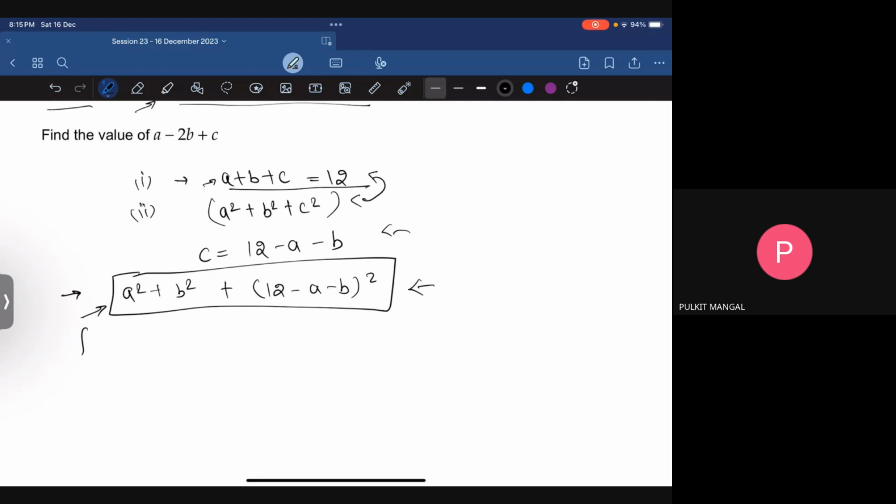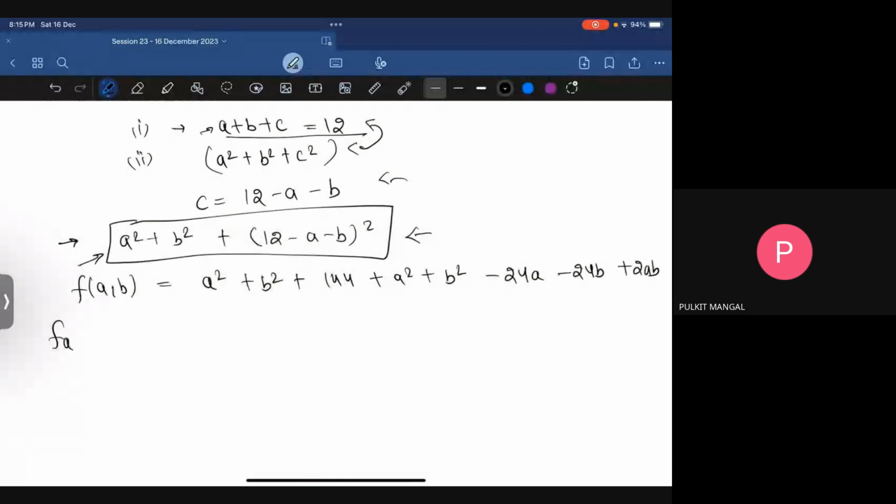So let's express this as a function of two variables, such that a square plus b square plus 144 plus 2a squared plus 2b squared minus 24a minus 24b plus 2ab. This is now my function. If I want to find the partial derivative with respect to a first, let's first simplify it.